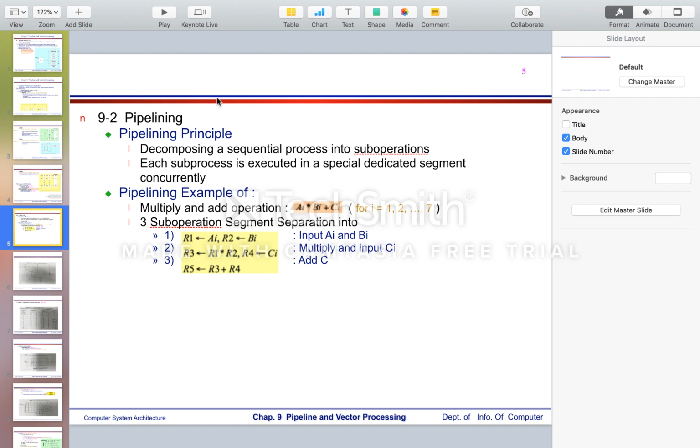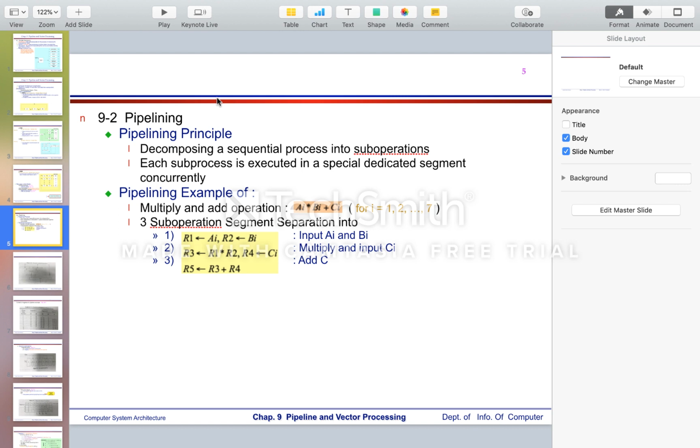How can we visualize a pipelining based system? It will have a collection of segments, and each segment will perform some partial processing task. Whenever one task completes in one segment, it will be passed to the next segment, and the final result will be obtained after the data has been passed through all the segments.